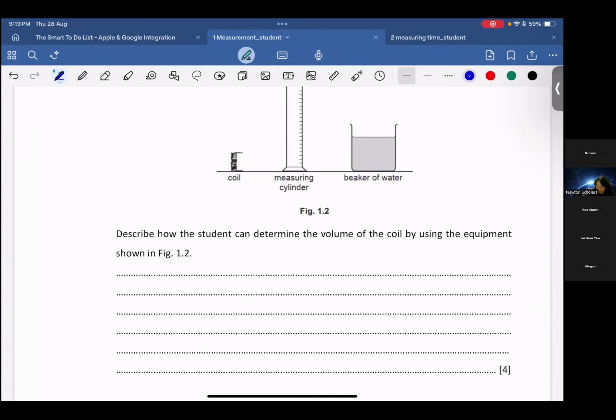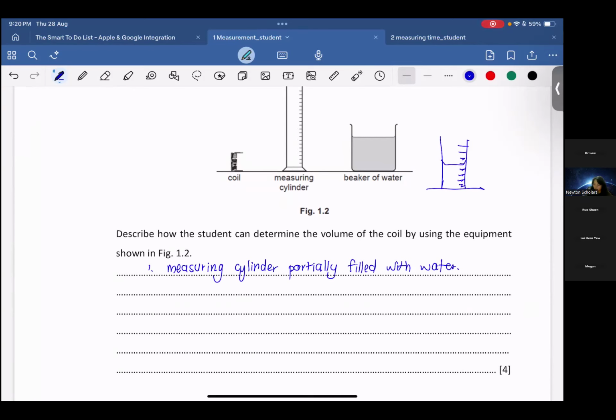Okay, so at here, first step. We say that measuring cylinder partially filled with water. So we get some water in.